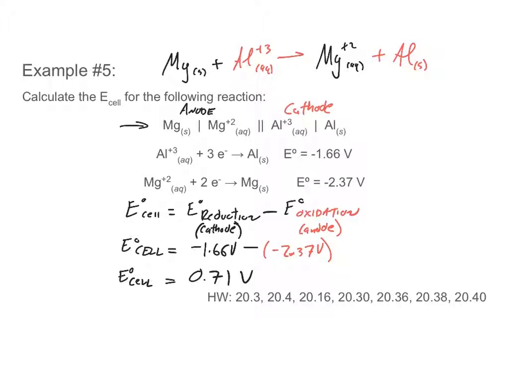And I remember from about 4 or 5 slides ago that if the standard cell potential is greater than 0, the reaction is thermodynamically favored. So in this case, because this is bigger than 0, this reaction is thermodynamically favored.